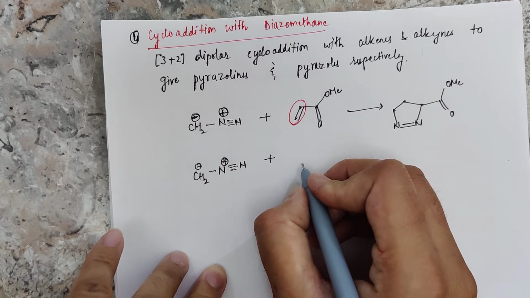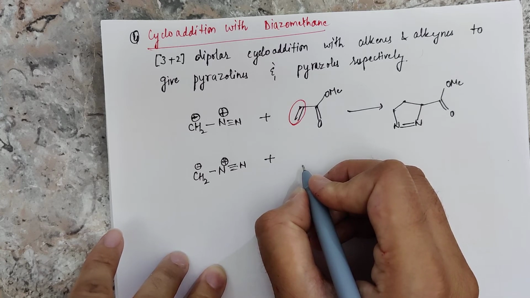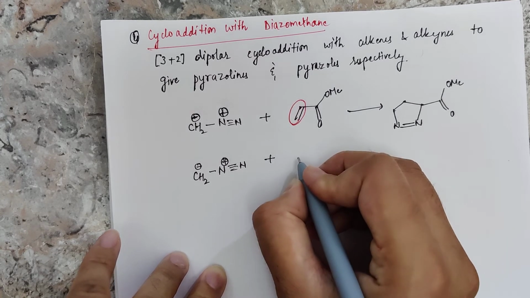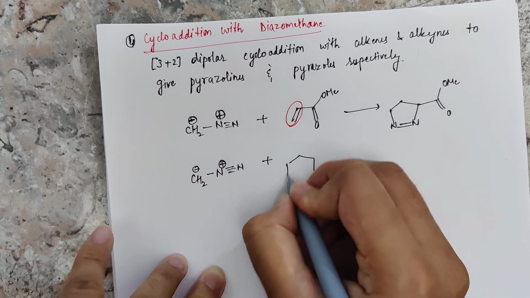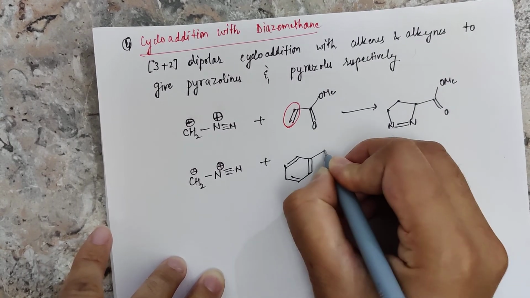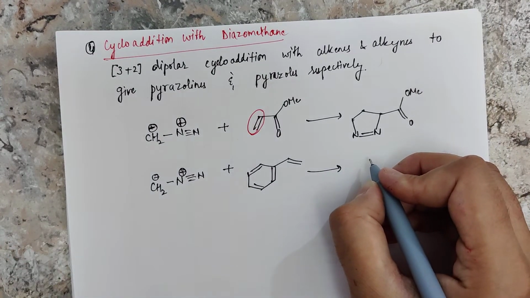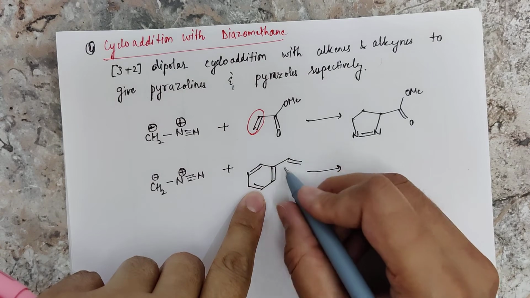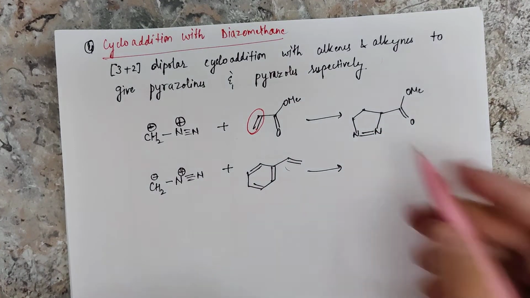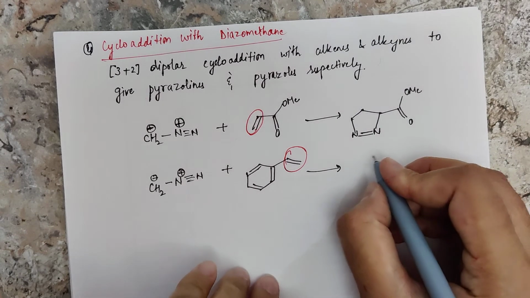Let's take an example. One more example of alkene first. हम reaction कर रहे हैं. This double bond will give us a pentacyclic product.